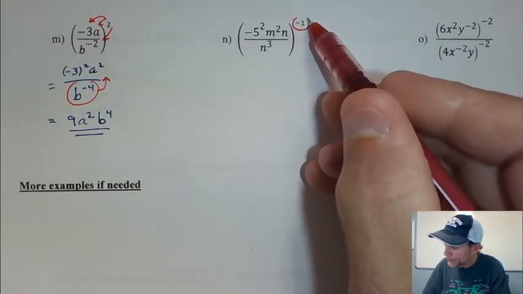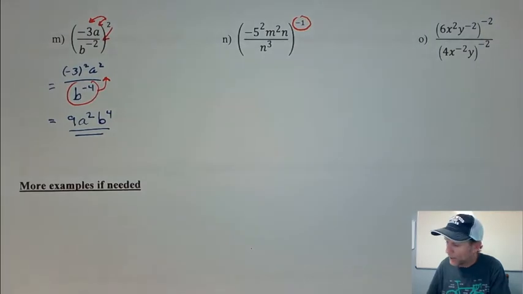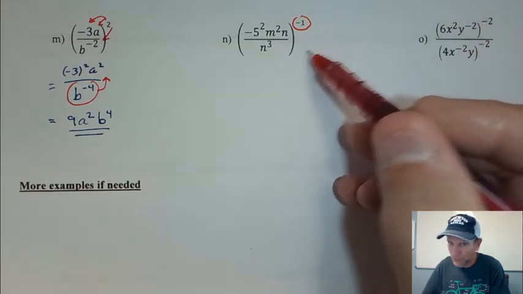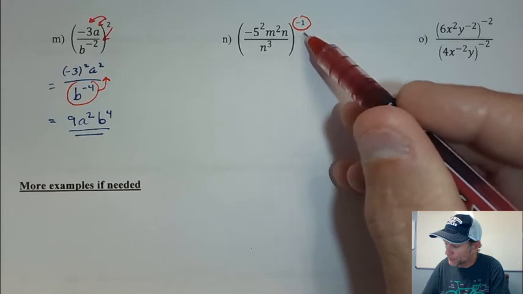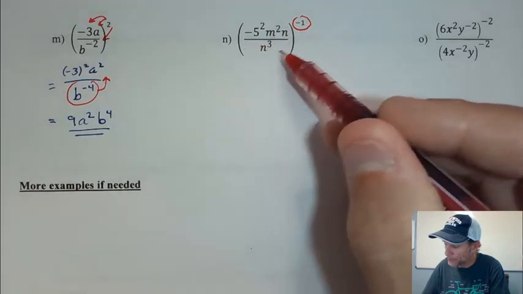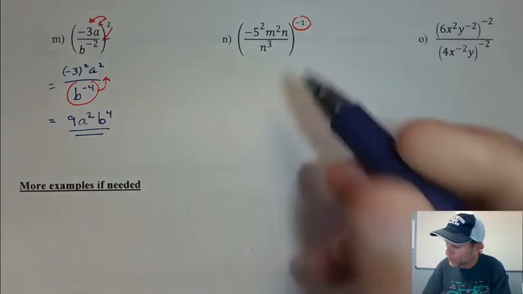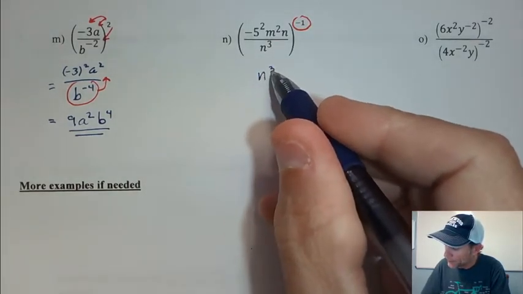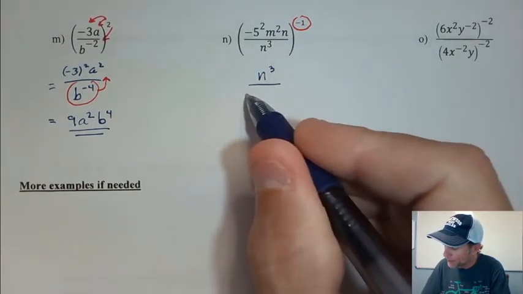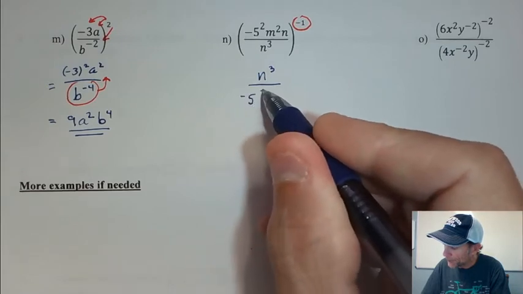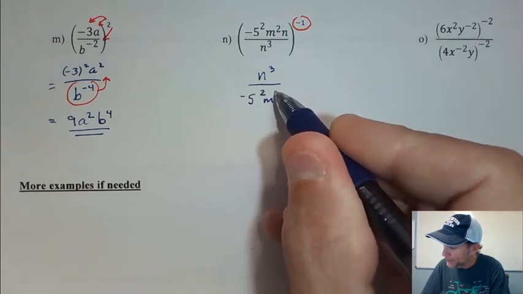method. If we spot this -1 here, what that can do through the negative exponent rule is, if we remember a little shortcut, we can actually just flip or write the reciprocal of what's inside the parenthesis here, this entire fraction, and the reciprocal looks like this.